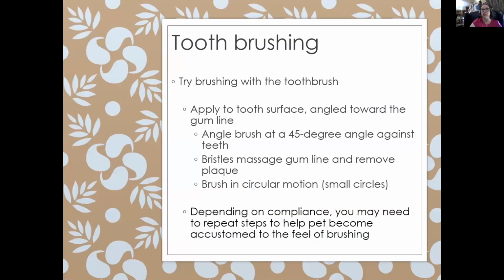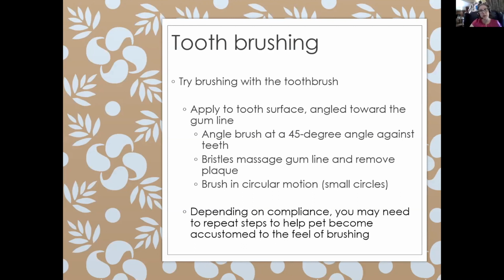Now it's time to start to try brushing with the toothbrush. So apply it to the surface, angled towards the gum line at about a 45-degree angle against the teeth. And then just gently massage the gum and remove the plaque in a circular motion. It doesn't need to take a long time. So you can brush, brush, brush on the outside, brush, brush, brush up front, in small circular motions.